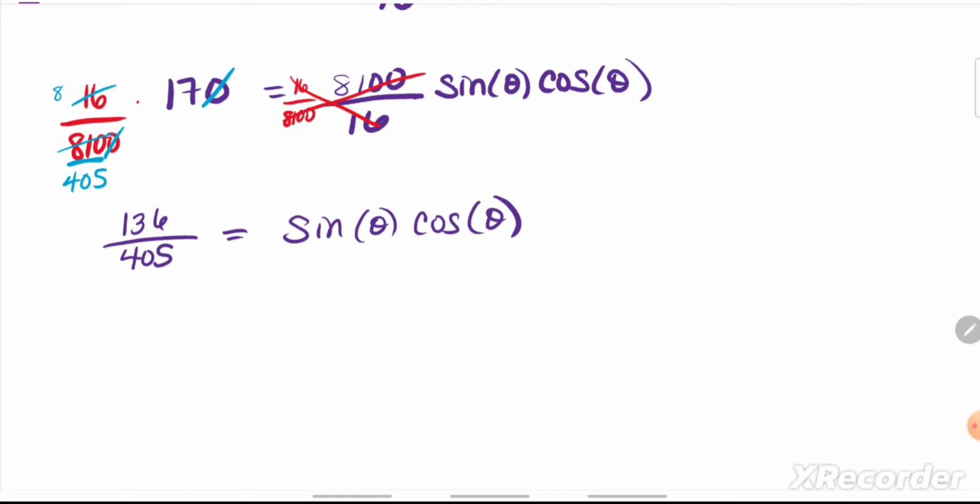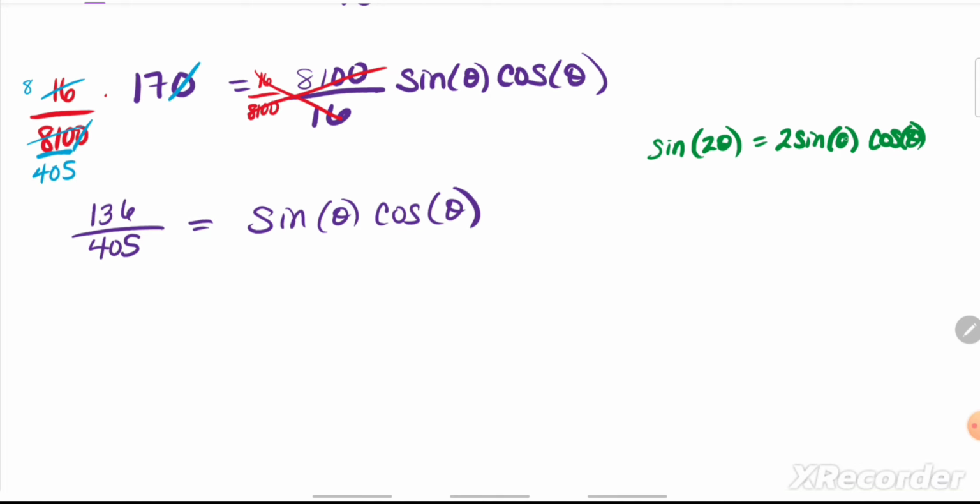If we look at our trig formula sheet, we'll see that sine of 2 theta is equal to 2 sine of theta cosine of theta. And although we don't have 2 sine theta cosine theta, we could make it that.